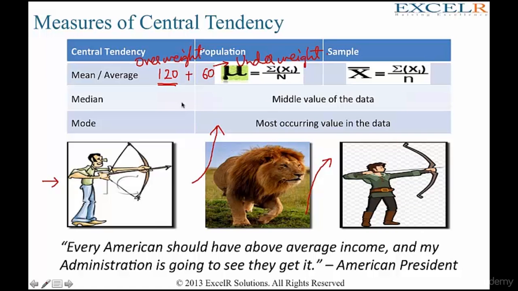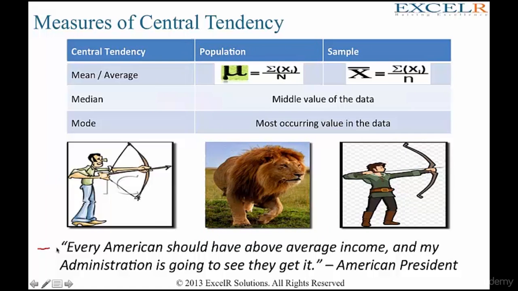It'll be 180 by 2, which is 90 kgs, which is kind of decent. Right? So this is okay. This is normal. These 2 are abnormal scenarios. On similar lines, one arrow went from the left, another arrow went from the right. So on an average, they assume that it hit the lion and they started jumping with joy. Hence, we have to be very careful with statisticians, especially when you try to go to jungle. All right. This is just a funny example that I wanted to bring.